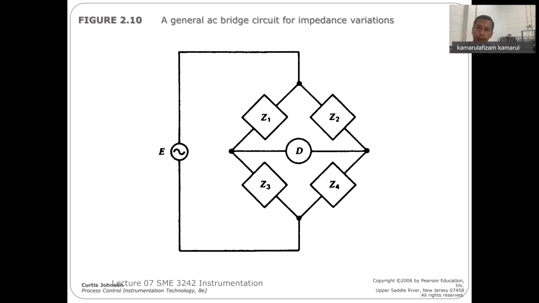You can put capacitors at Z3 and Z4, Z1 and Z2, and you can also put inductors in these positions. We have seen so far resistors being put there as R1, R2, R3, R4. You can also replace them with C1, C2, C3, C4 for the capacitors, and it still works the same because all of the sensors basically produce differences in terms of impedance.